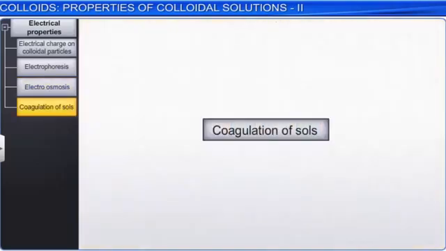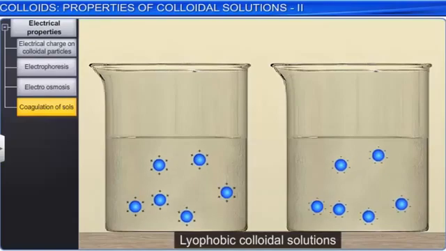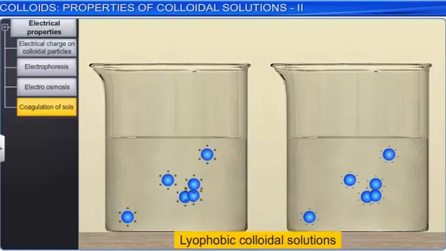Another very important property of colloids is their coagulation, flocculation, or precipitation. You already know that one of the factors responsible for the stability of lyophobic colloids is the presence of charge on colloidal particles.